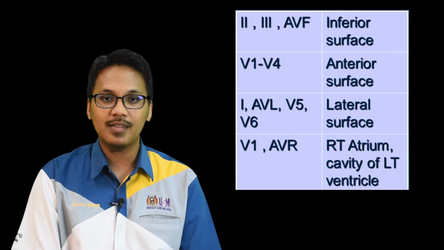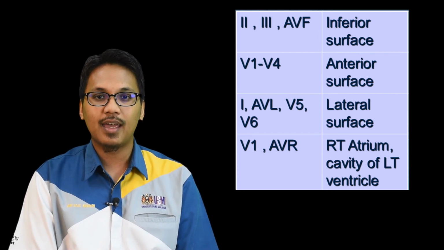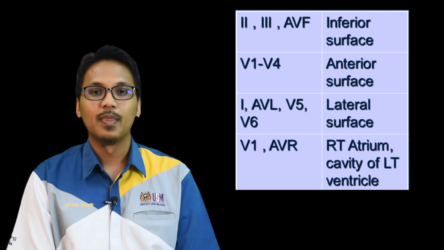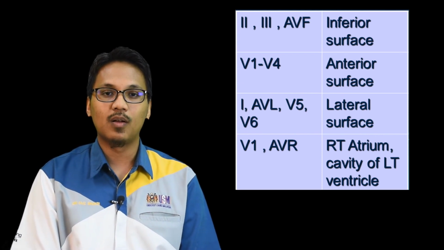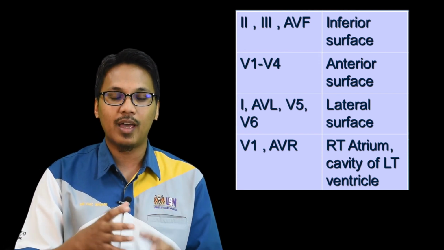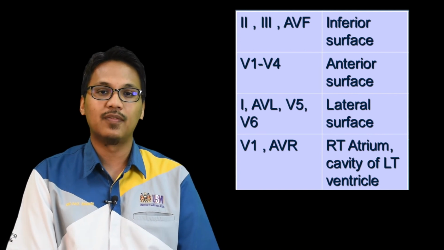For lateral surface, is lead 1, AVL, V5, and V6. And for right atrium or cavity of left ventricle, it is lead 1, V1, and also AVR. So depending on your area of infarct, you are expected to see ST elevation at these respective leads. So that concludes our case number 1.